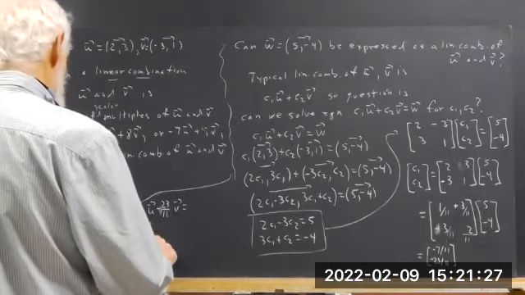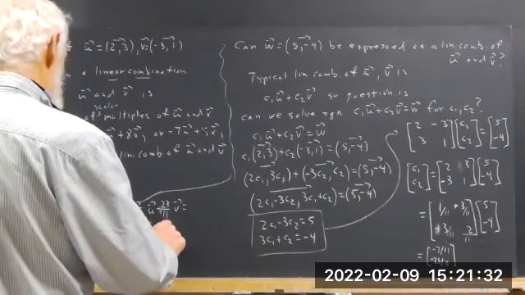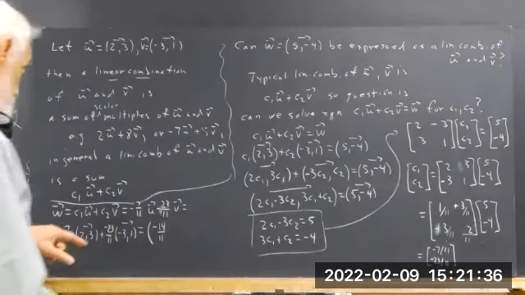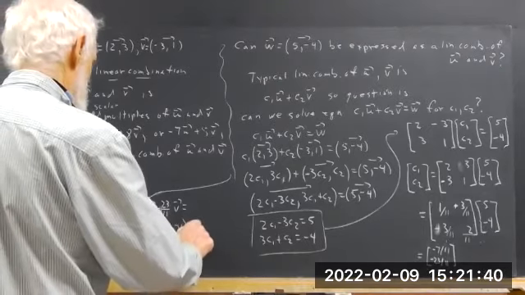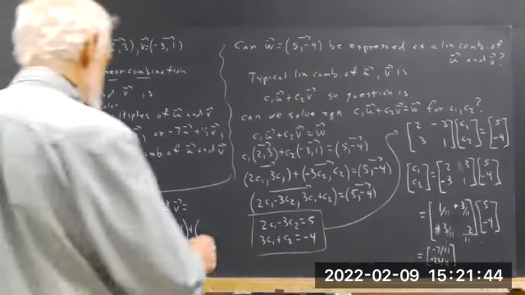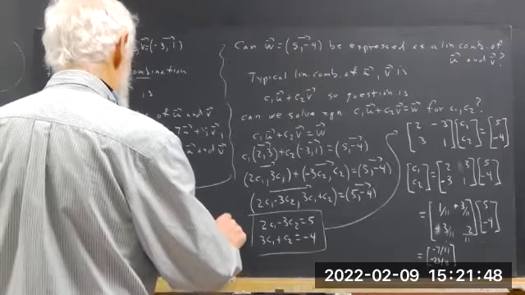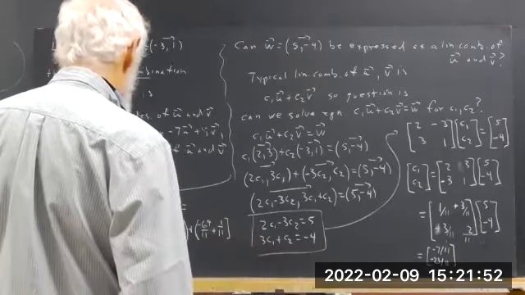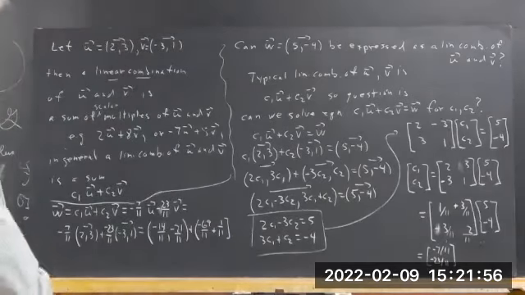Now this is going to give me -14/11. -7/11 times 2 is -14/11, and -21/11. Very similar calculation. Plus -69/11. Plus (1/11).